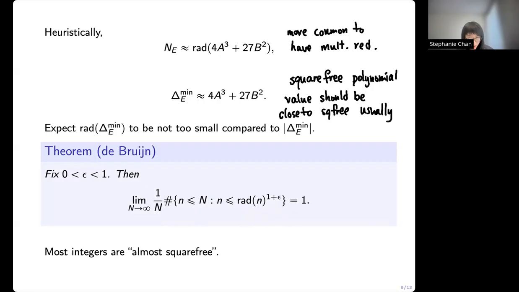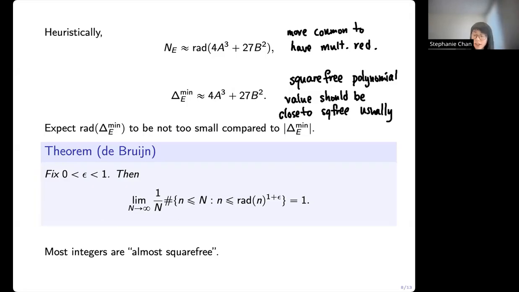This is just a heuristic to show you that if we pick a random integer, then we expect its radical to be very close to the integer itself. If the polynomial has no obvious square factors, then we expect it would take a random value, so it should also not have a very big square factor.